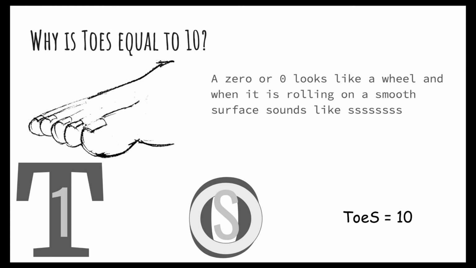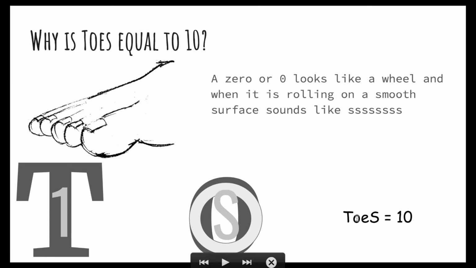Now why is toes equal to 10? We've already seen that the number 1 is represented by the letter T. Thus, the 1 in 10 can be represented using the letter T. In the major system, the number 0 is represented by Z or S. So we choose S in this case.